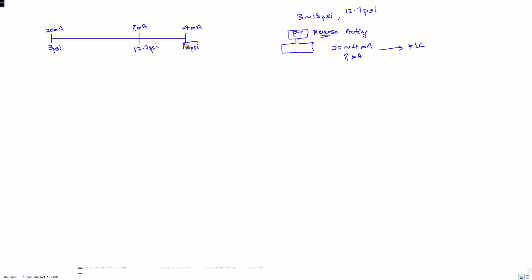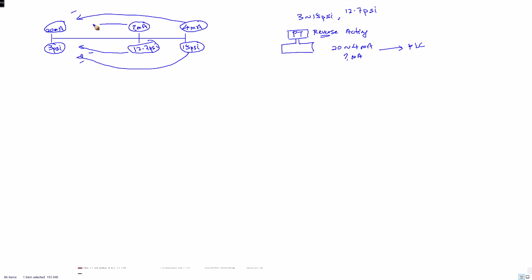What you need to do is take this URV value minus this 3 psi LRV value, proportional to this milliamp value minus this 20 milliamp.